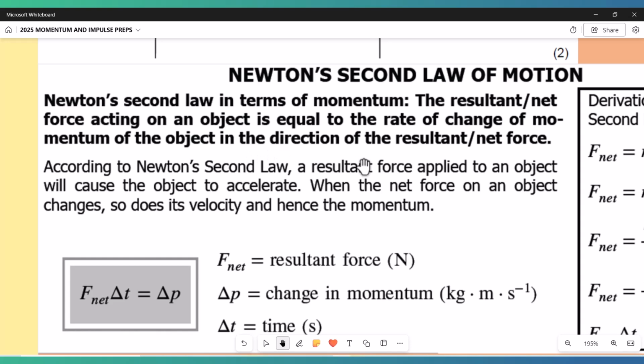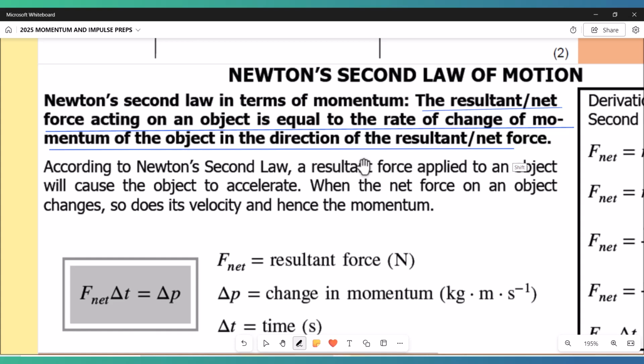If they say state Newton's second law of motion in terms of momentum, this is what you say: the net force acting on the object is equal to the rate of change of momentum of the object in the direction of the resultant or net force.